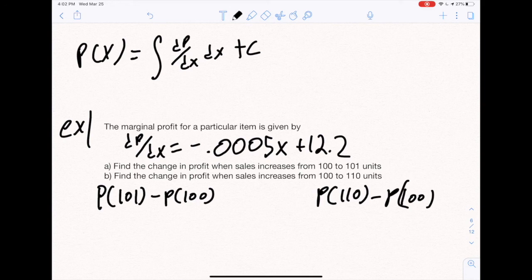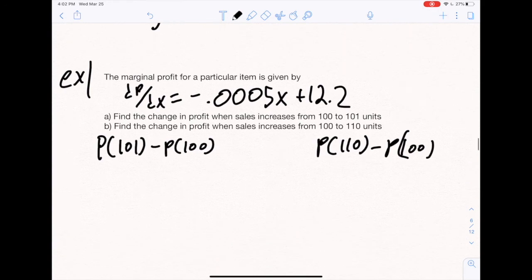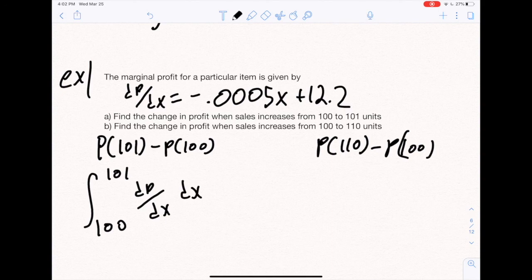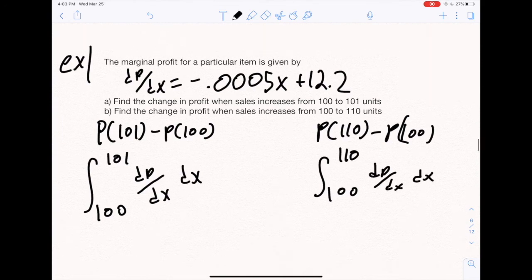But this P of 101 minus P of 100 is just almost definitionally the integral from 100 to 101 of our marginal profit function. So it's the integral from 100 to 101 of dP dx dx, and over here we have the integral from 100 to 110 of our dP dx dx.